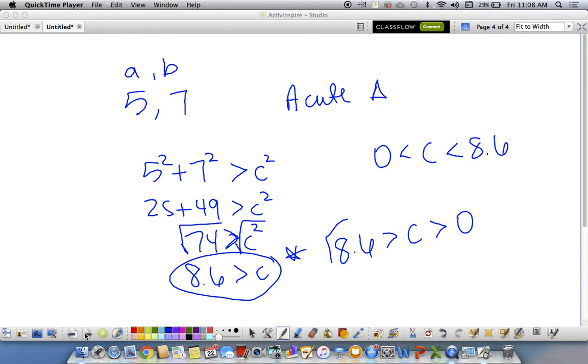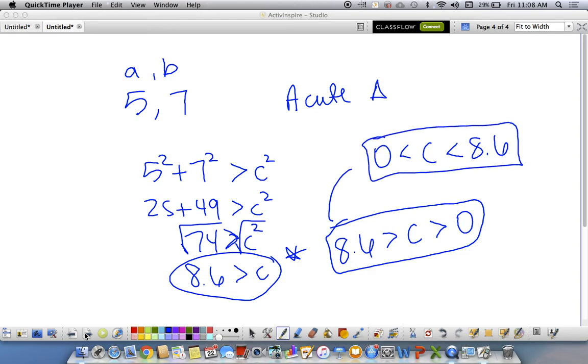These two things are the exact same thing. How do you read them though? Can you read greater than, less than symbols? 0 is less than C, which means C is greater than 0. Here, C is less than 8.6, or 8.6 is greater than C.